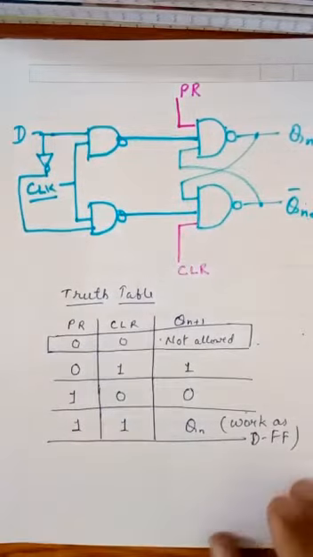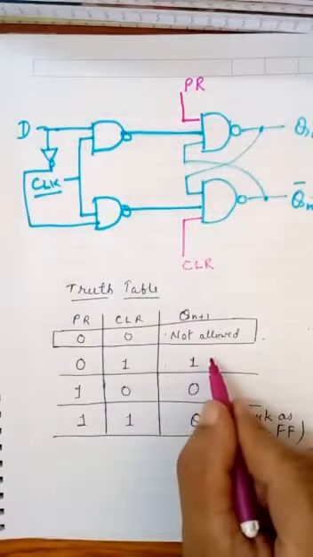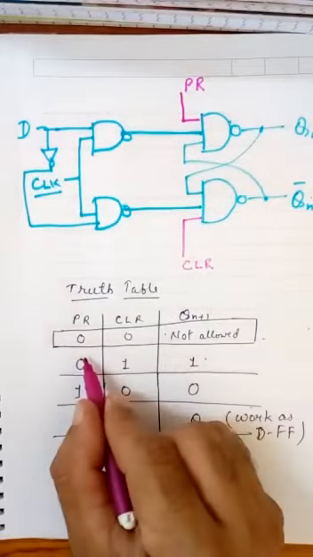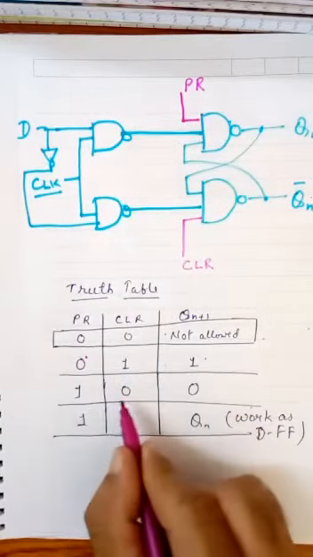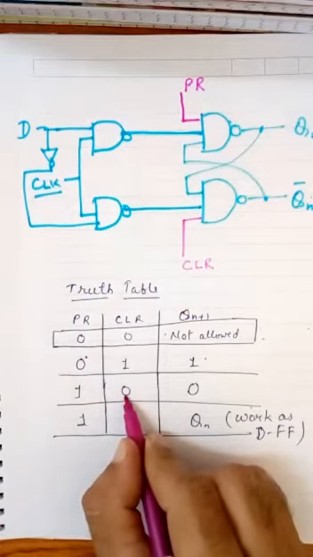Okay, now see the changes here, that your output is set to 1 when preset is 0, and your output is 0 when clear is 0, okay, in this circuit.